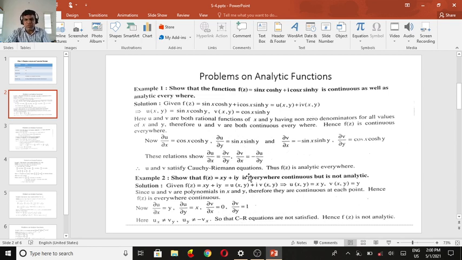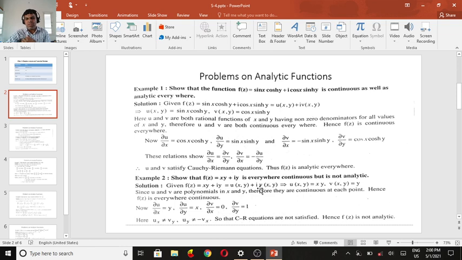We come to one more similar example. Show that f of z equal to x y plus i y is everywhere continuous but not analytic. Not analytic means the Cauchy-Riemann equations are not satisfied.